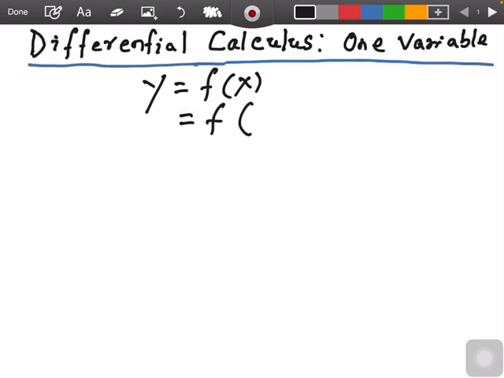Let x increase from x to x plus delta x. Correspondingly, there is an increase in y from y to y plus delta y.